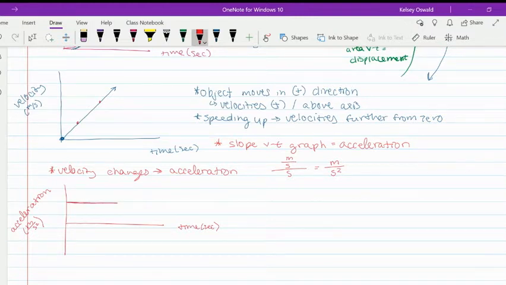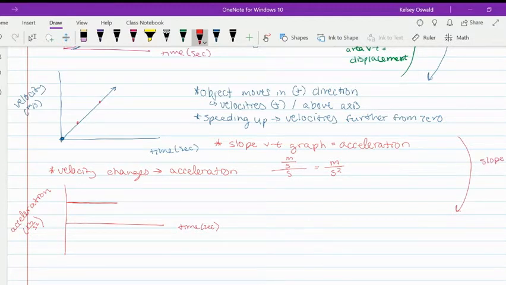Okay? Because our velocity time graph has a constant slope, or it's changing at a constant rate. Okay? So since our velocity time graph has a positive slope, it's changing at a positive rate, which means our acceleration is positive. Okay? So we know to go from velocity to acceleration, we're going to look at our slope.